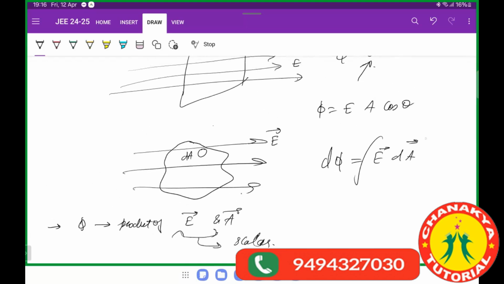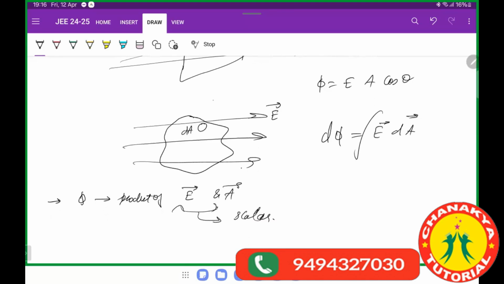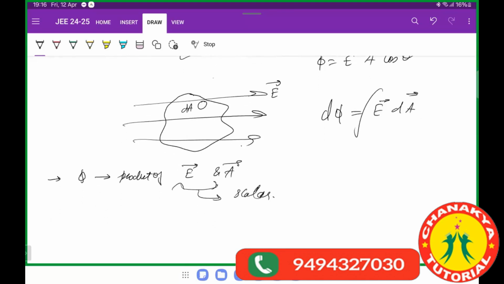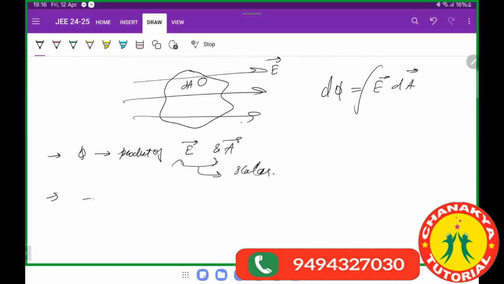If I want to get some integration value here, there should be some limit. The limit varies from negative to positive, so it varies from minus EA to plus EA.